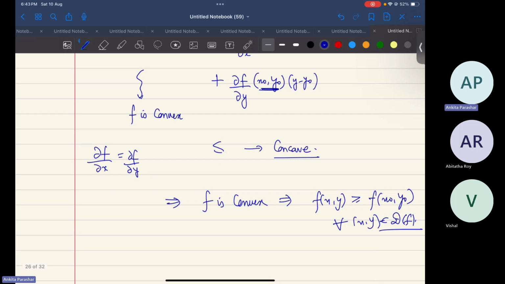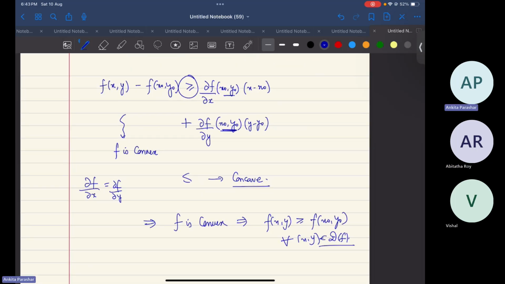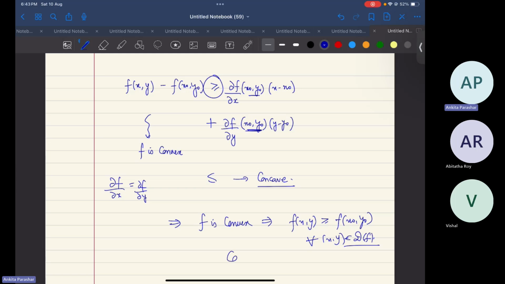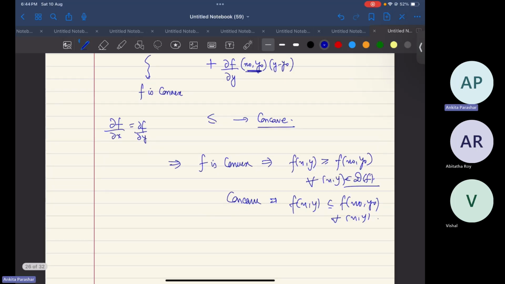This is okay, right? And for concave, just reverse the inequality: f of x, y is less than or equal to f of x naught, y naught for every x, y. Now can you find the maxima or minima?